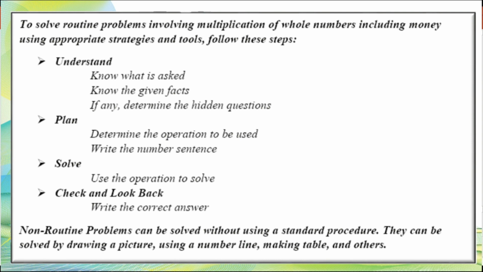Write the number sentence. Next is solve. Use the operation to solve. And check and look back. Write the correct answer. Non-routine problems can be solved without using a standard procedure. They can be solved by drawing a picture, using a number line, making a table, and others.